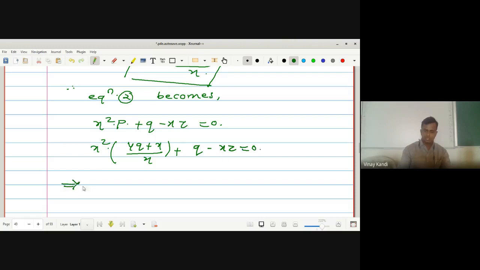Now solving this, we get x gets cancelled. So here you get xy cube plus, what will come, x cube sorry, xy cube into x square plus q minus xz is equal to 0.